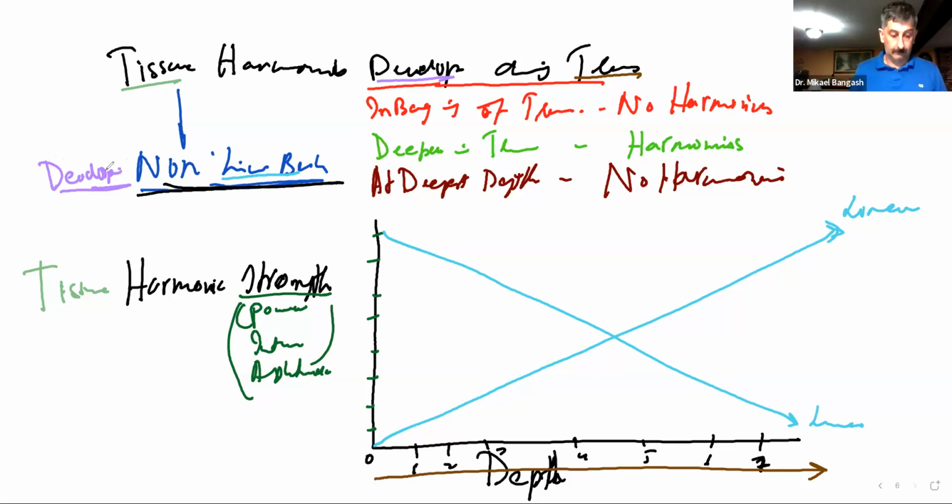So what would that mean? That would mean that at very shallow depths, the superficial depths, the power or amplitude of your harmonics is going to be at its lowest.